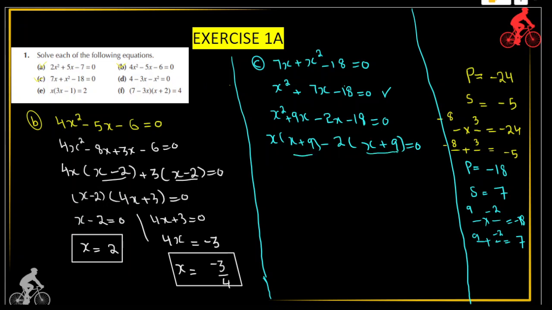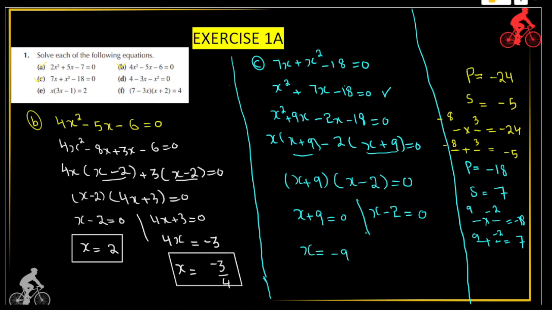What common will we have? x plus 9 and x minus 2 is equal to 0, so both will be equal to 0. That will be x is equal to negative 9, and here x is equal to positive 2. So this will be the solution.